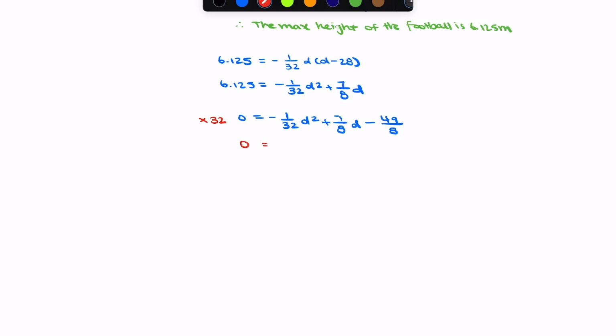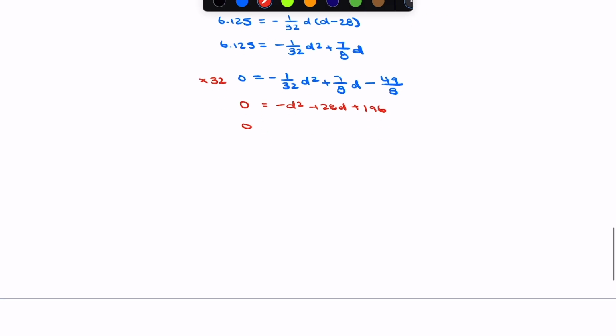Here we get 0 is equal to negative d squared plus 28d minus 196. Oh, sorry, here we're going to multiply by -1. So here we'll get 0 is equal to d squared minus 28d plus 196.